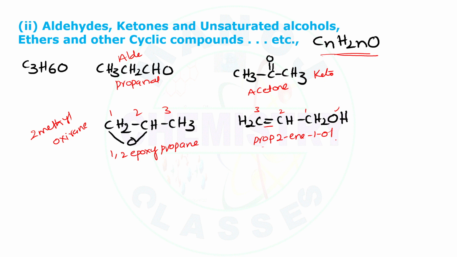This one is also known as allyl alcohol. Why? Because this one is an sp2 hybridized carbon and this one is an sp3 hybridized carbon. The sp3 hybridized carbon attached to sp2 is known as the allyl carbon. So to this allyl carbon an alcohol is attached, hence it is known as allyl alcohol.